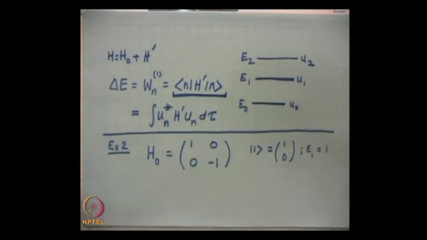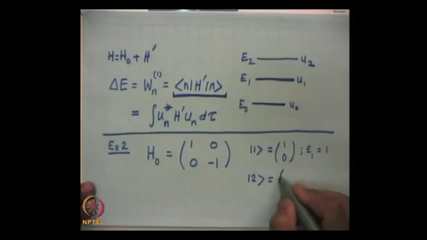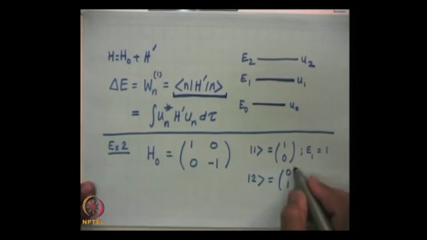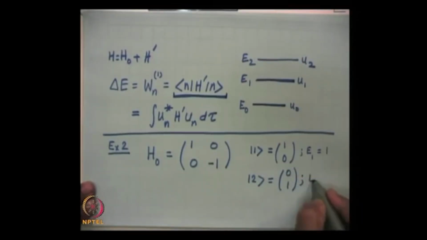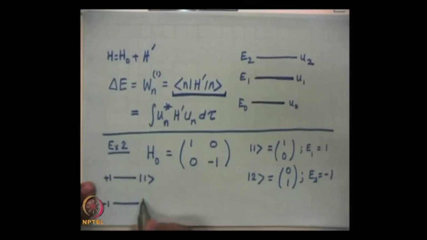This is a diagonal matrix, this is a Pauli spin matrix if you recollect, and the other eigenstate is ket 2, which is 0 1, and E 2 is equal to minus 1. So, I have 2 states, plus 1 and minus 1. I denote this by ket 1 and this by ket 2.